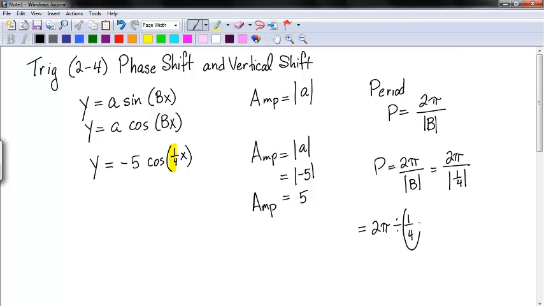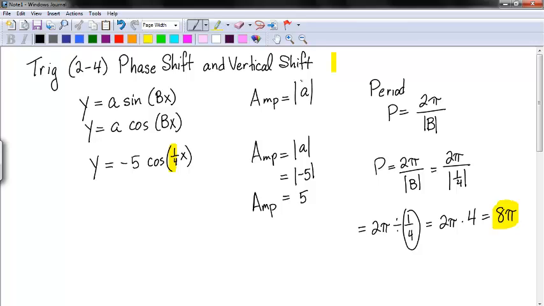The rule for dividing by fractions: invert that second fraction and multiply. So this graph is going to repeat every 8 pi. And then you could actually graph it on your calculator and look at the graph. That's what we did in section 2.3.